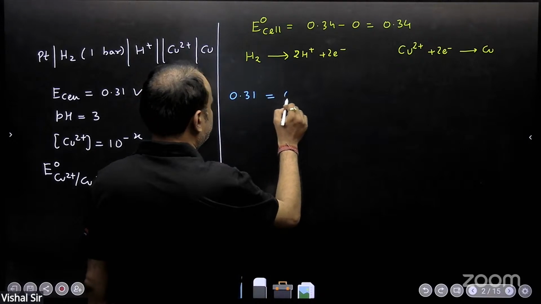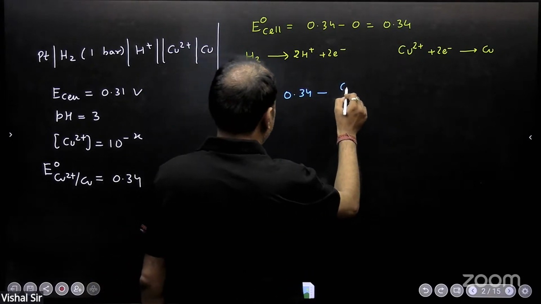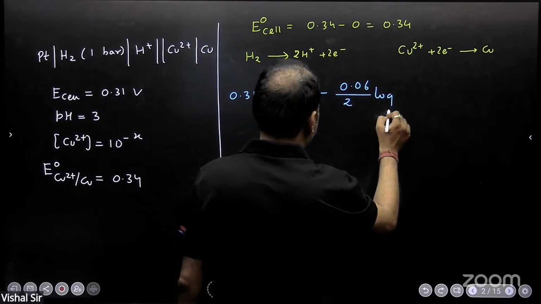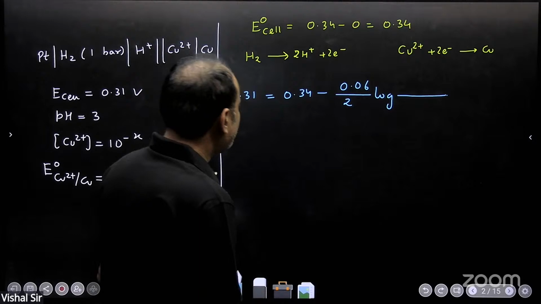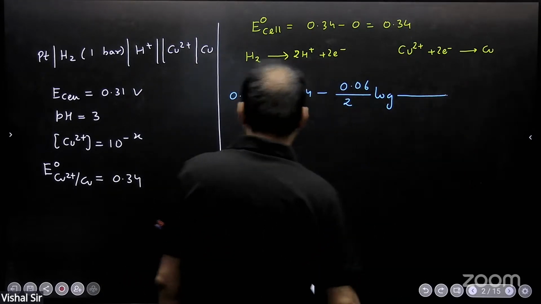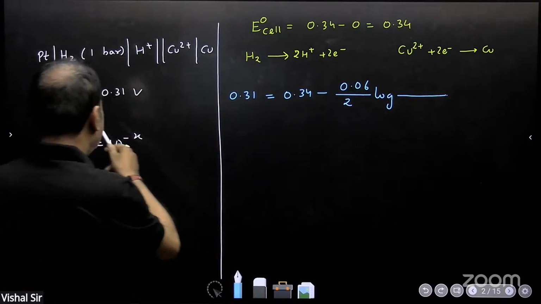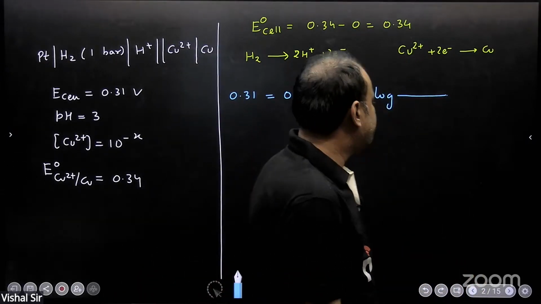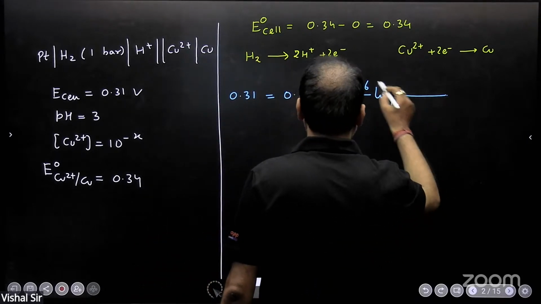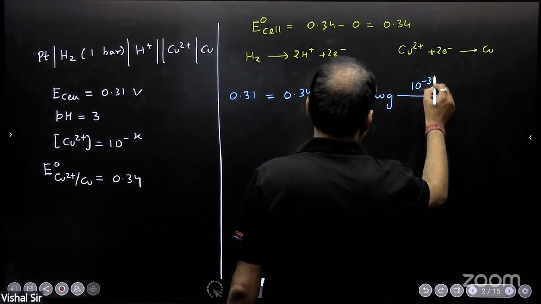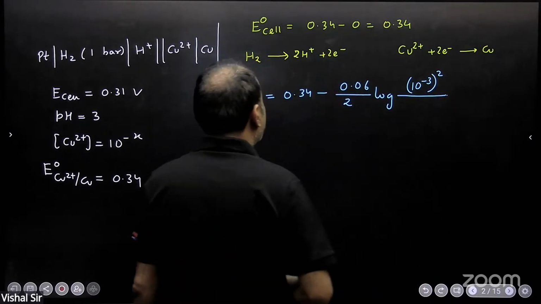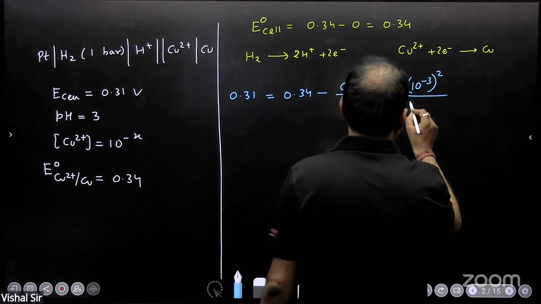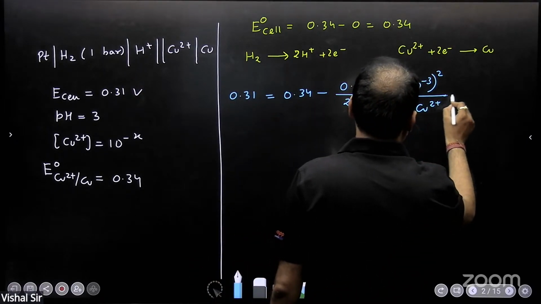E naught cell is 0.34 minus 0.06 by n, and the n factor we can see is 2, log of products: solid copper has active mass 1, H plus, pH is given 3, so H plus molarity will be 10 raised to minus 3 and the stoichiometric coefficient is 2, so 10 raised to minus 3 whole square. Then on the reactant side, hydrogen gas is given at 1 bar. So here Cu2 plus is left.